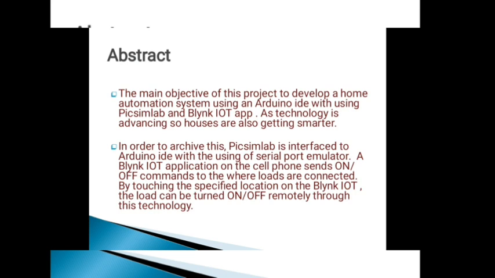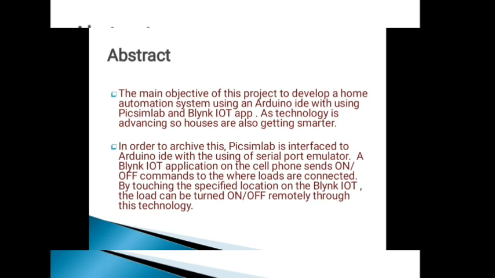For example, smart TVs, smart watches, refrigerators, washing machines, etc. These are all working with the internet or Wi-Fi signal, which comes under IoT applications. And it is advancing fast nowadays.